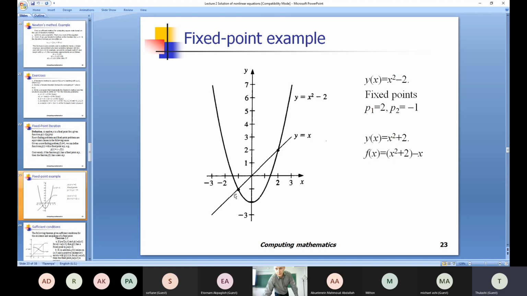This is the line y equals x, and the points of intersection between these two graphs will be the fixed points for the function.